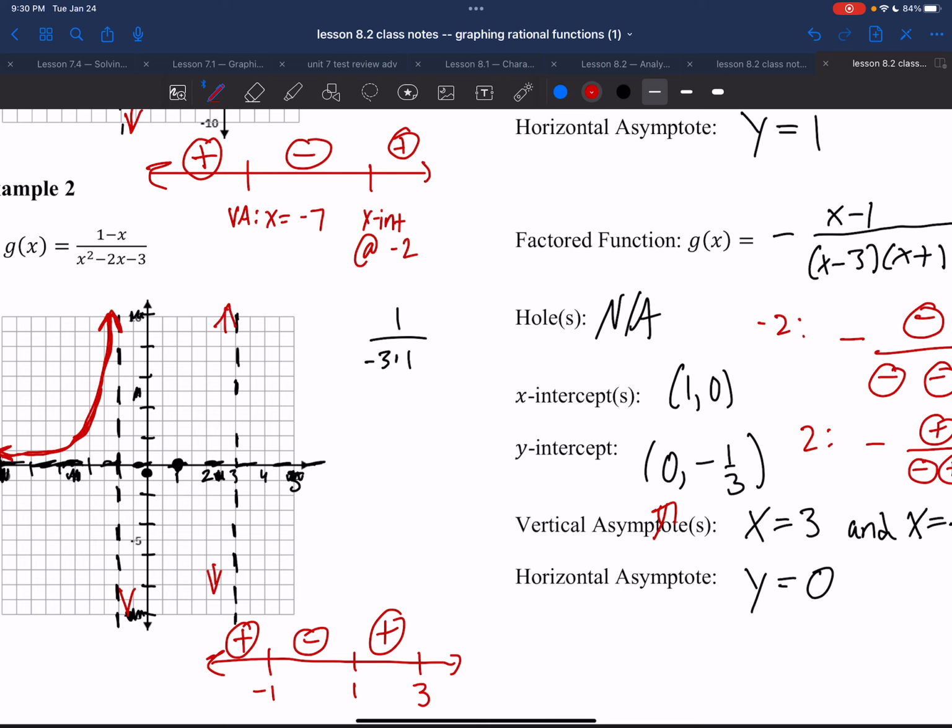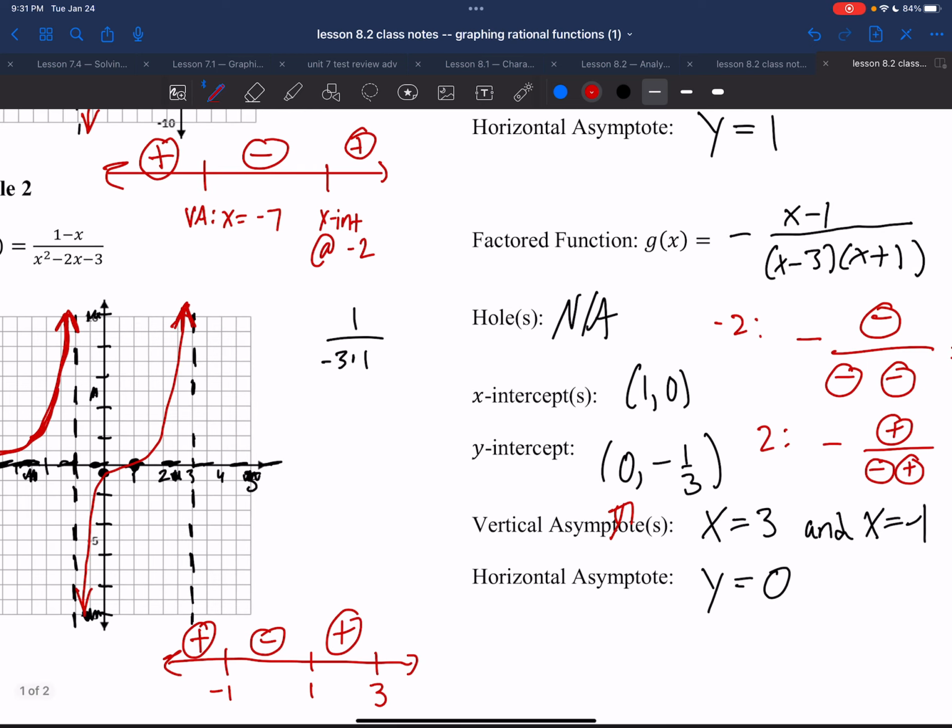If it was negative, it would point back down. So I'm going to connect my curve like so through these points. And I just kind of am guessing the shape of that curve, okay? It may not look exactly like that, but what's important is I've got a couple points and the behavior near the asymptotes is correct, okay?